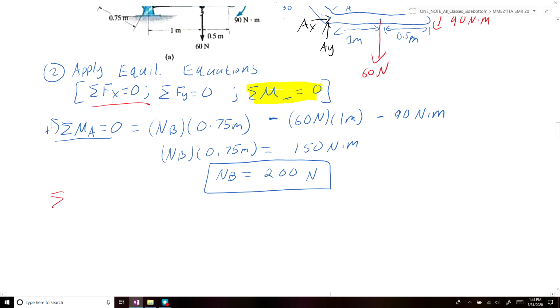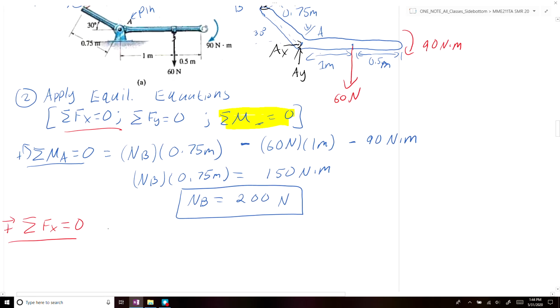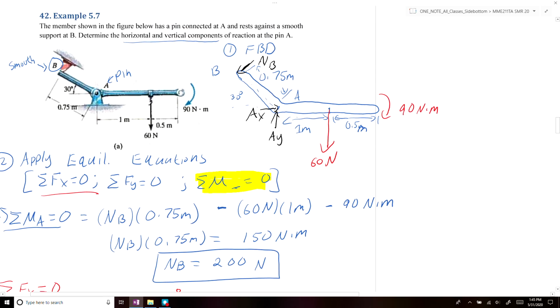If we sum all of our forces along the x direction and set them equal to 0, we'll get NB times the cosine of 60 degrees. We know this triangle here is 60 degrees.